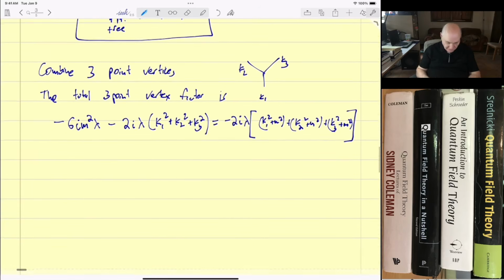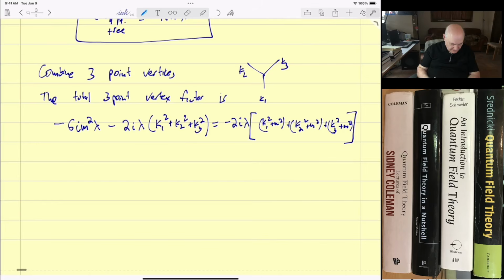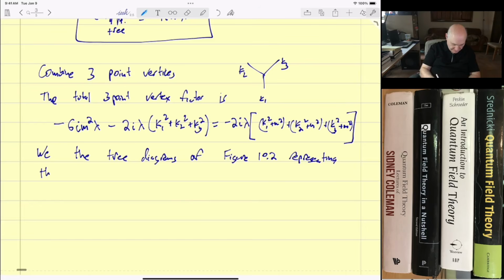Now in this case, the k's aren't all equal to 0. So we're going to use these 3-point vertices to make a 4-point tree diagram. So we get the 3 diagrams of figure 10.2, representing the s, t, u channels.